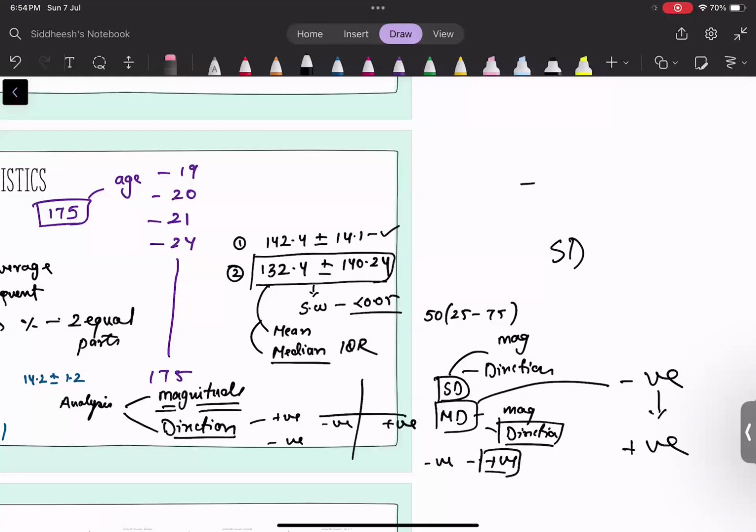So if data is negative and we square it, we get a positive number. So we change the sign in a logical manner for the standard deviation, but not for the mean deviation. That is why for the mean deviation, direction is missing, but not for the standard deviation. That is why for research, we always report mean plus minus SD, not MD. Done, everyone?